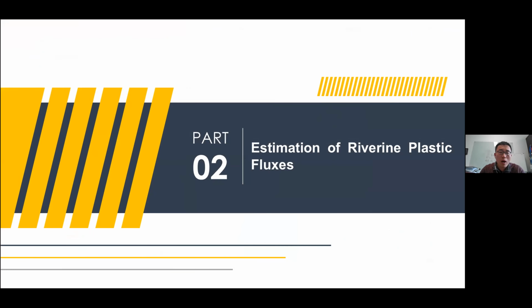Okay, so once we have those monitoring data, the next part is how we could use this monitoring data to better estimate those river plastic and microplastic fluxes. For this part, I won't put much stress on the modeling approaches, but only focus on the in situ data.